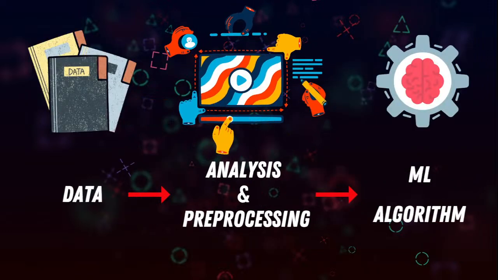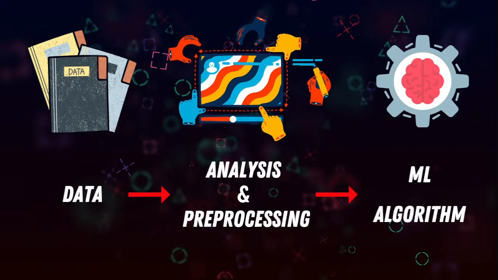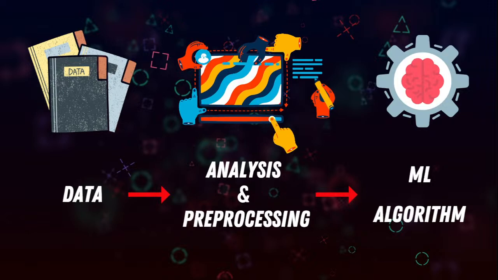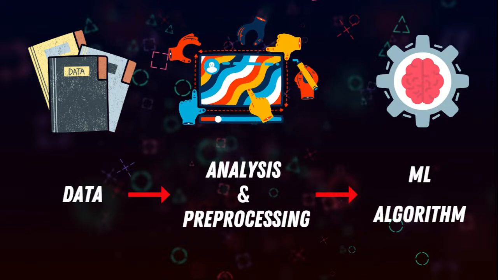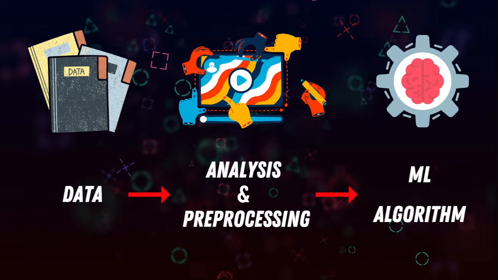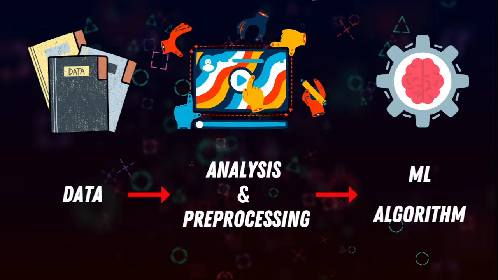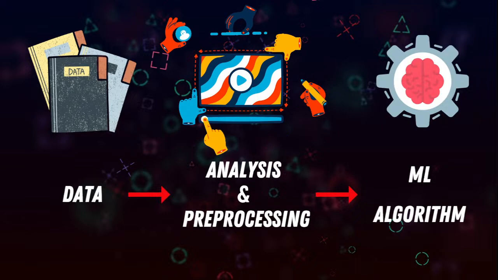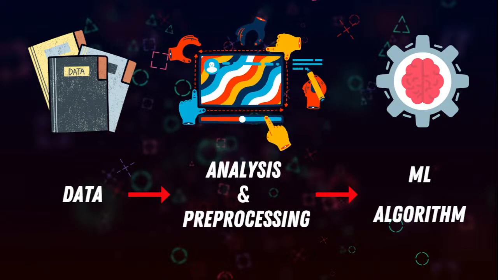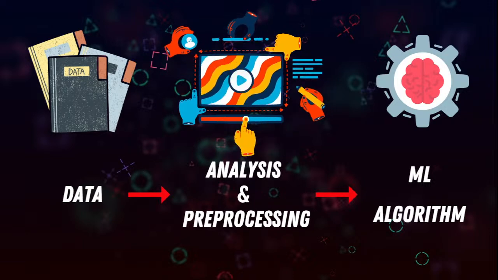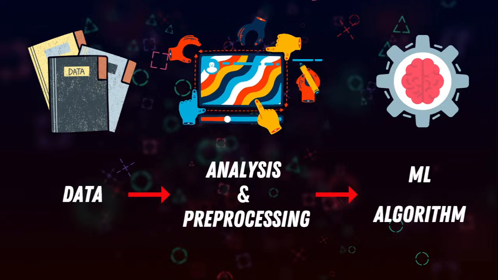Okay, so if you check, this is the process. You have data, and you can't directly give it to your algorithm. The reason behind it is this data which you collected from open source, or from your own forms, or whatever it may be, may or may not be correct. So you have to mandatorily do some analysis, understand the data, and then if it requires, you need to do some pre-processing. What all the pre-processing methods are, I'll tell you later.